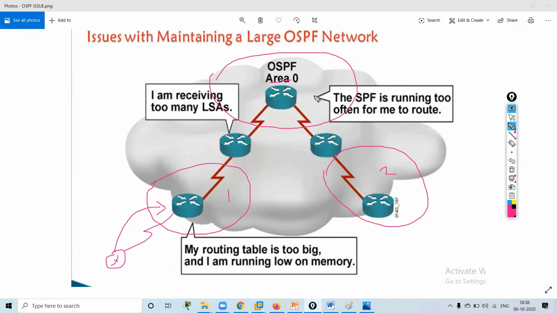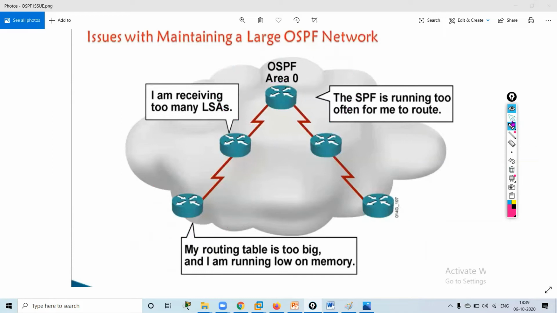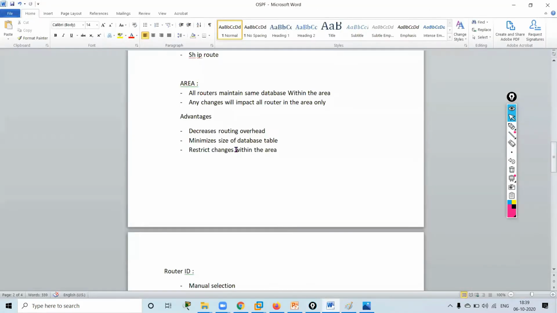So that was the reason we divided the network into logical areas. This is why we need area over here. All routers maintain the same database table within the area. Any changes will impact all routers in the area only.